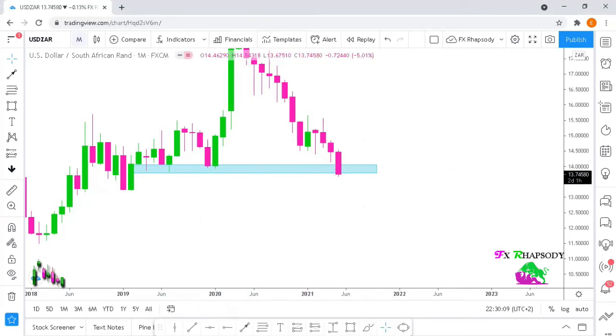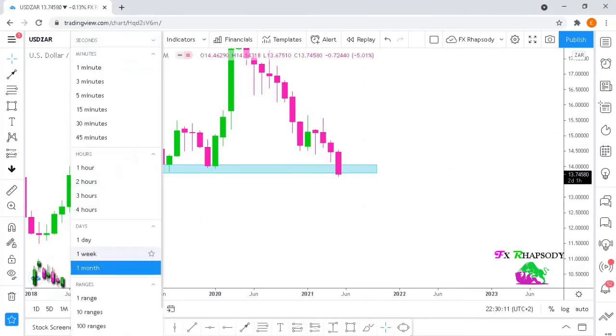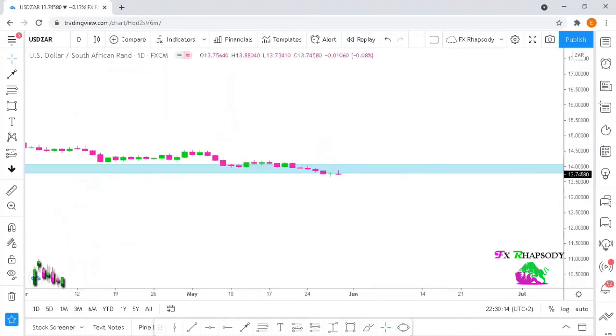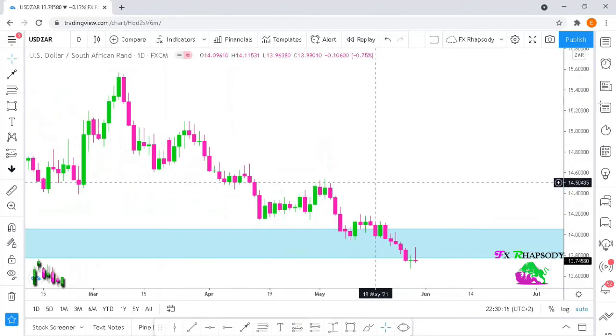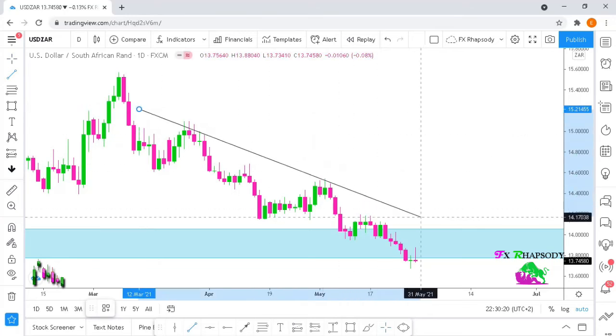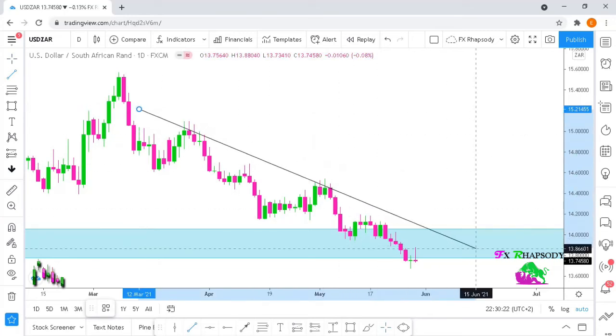Let's go to the daily. I'm going to skip the weekly and go straight to the daily. Now we can see this trend line that the rand is trading in.